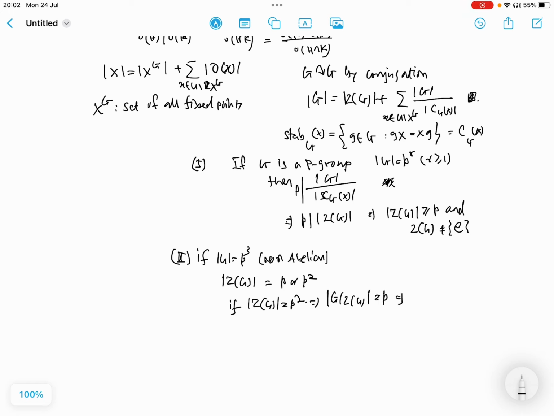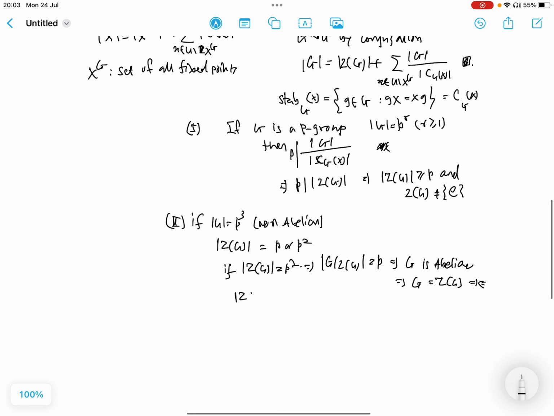So it implies G is abelian. And that will again imply that G is the same as the center of G, but G has cardinality pq, whereas Z(G) has cardinality p squared. So it's a clear contradiction. So the only possibility is that the center of G must have order p. But p was a prime.